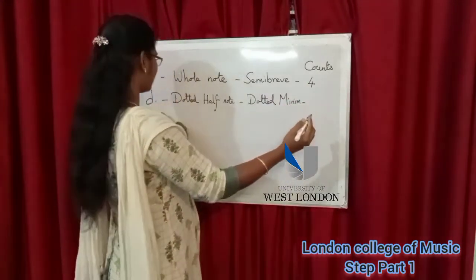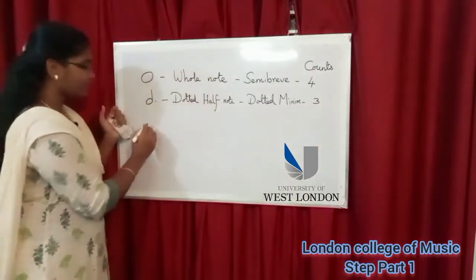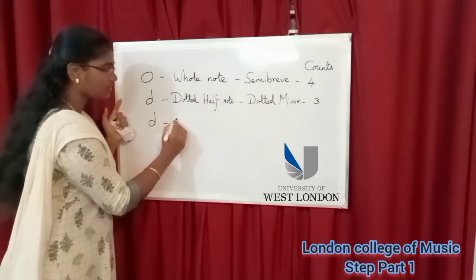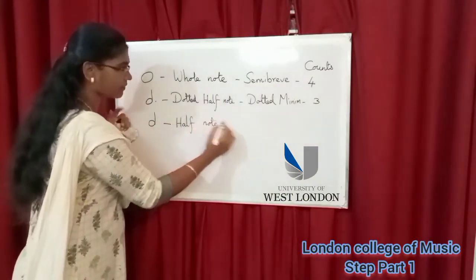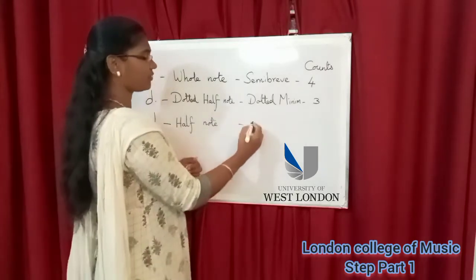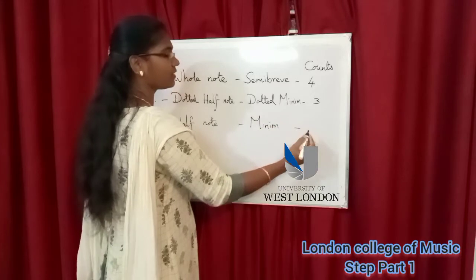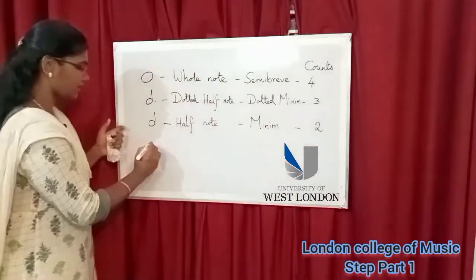The count for the dotted minim is 3 counts. Okay, the next note is the half note. Another name for the half note is minim. The count for the half note is 2 counts.